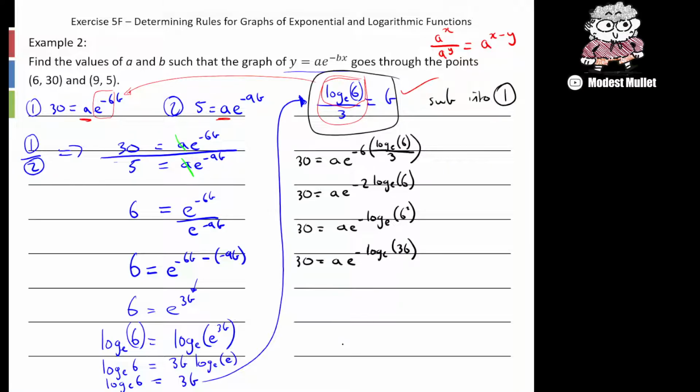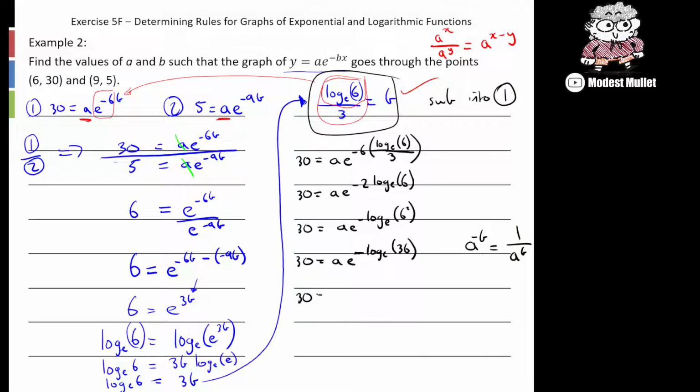Okay, so we've almost got that ready to simplify down, but we've still got this negative sign in front of the log. And I just want to remind you of one of the index rules: if we have a to the negative b, we can write that as 1 on a to the positive b. We just move it down into the denominator and change the exponent from a negative to positive.